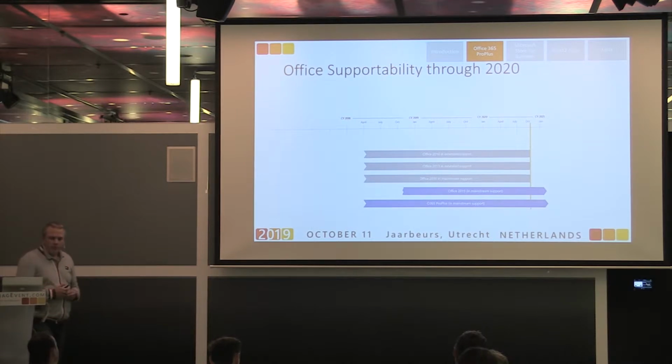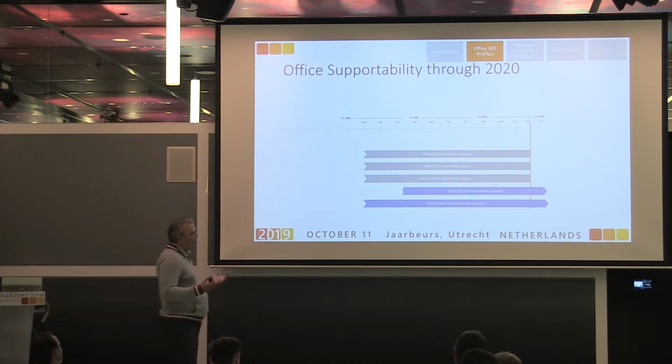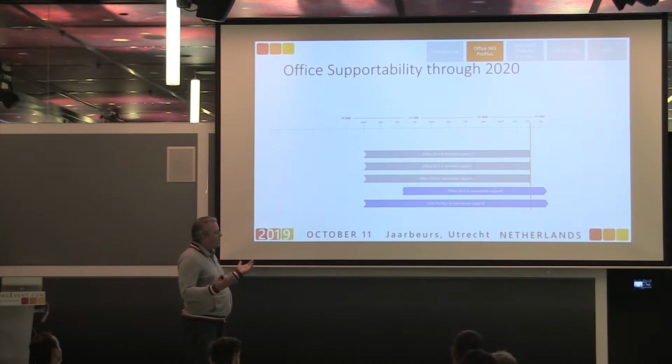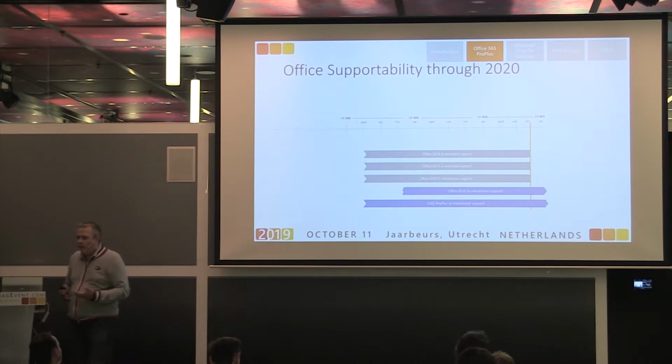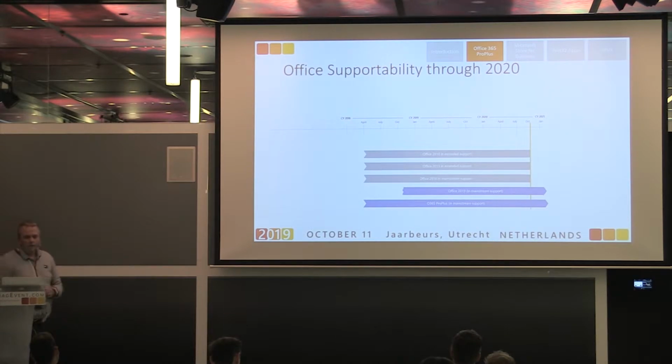Regarding supportability, 2019 has mainstream support until 2021, and then it will move towards extended support, and most likely there will be a new baseline version of 2022, for instance.